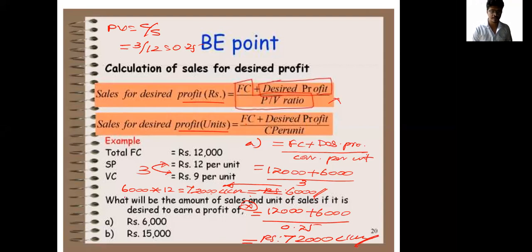In the same way I did this one for 6,000. You do it for the desired profit of 15,000 with both methods and check whether it is correct. Calculate and tell me the answers.